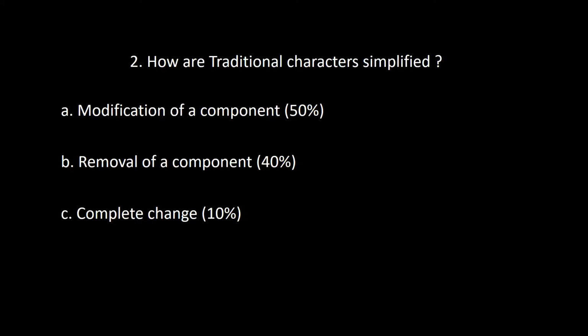Now, how are traditional characters simplified? Basically, there are 3 methods. Either you modify a particular component, or you remove a component, or you totally write a different word. Fortunately, most of the Chinese characters are simplified by the first 2 methods, which are modification and removal of a particular component. As a result, most of the simplified characters that you see still resemble their traditional form.